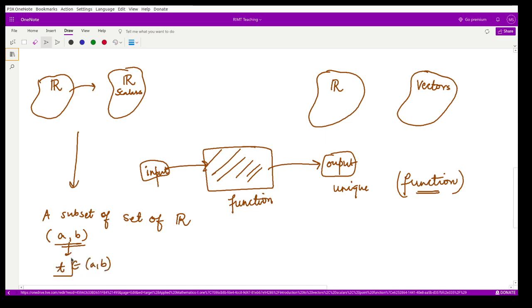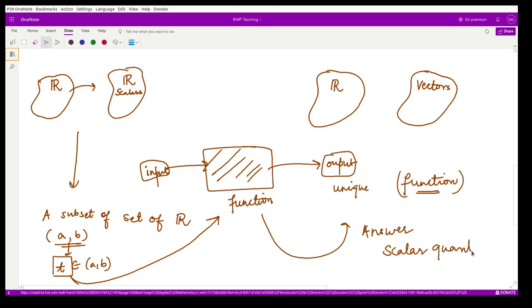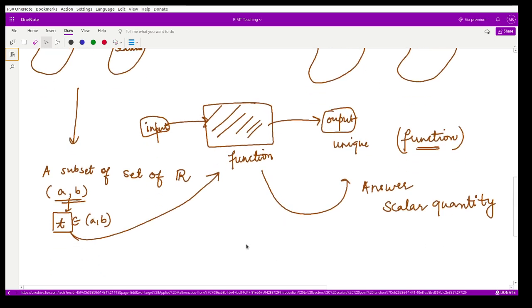That means you are just taking one simple number and inputting it to this function. Whatever the answer is, the output here is a scalar quantity. So whenever you are inputting a scalar, you are obtaining a scalar.